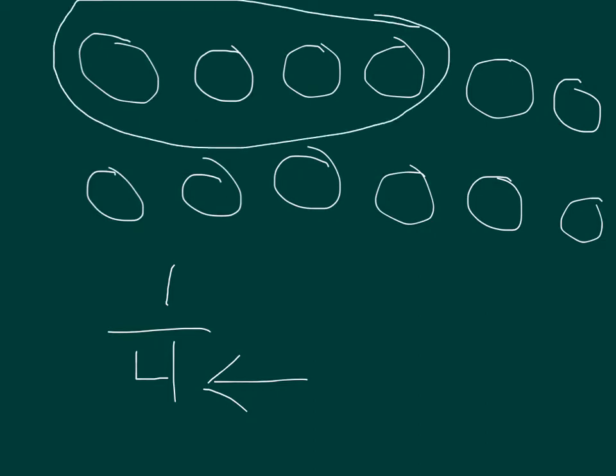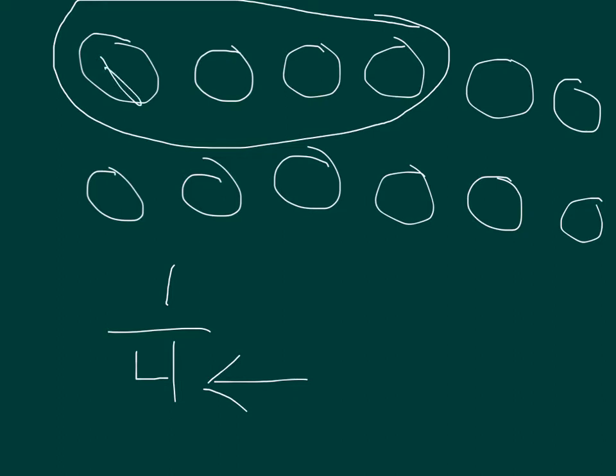To help you understand how to shade 1/4 of the cats, let's take a look at the circles. Shade 1/4 of the circles. Pay attention to the denominator, which is 4. I'm going to circle 4.